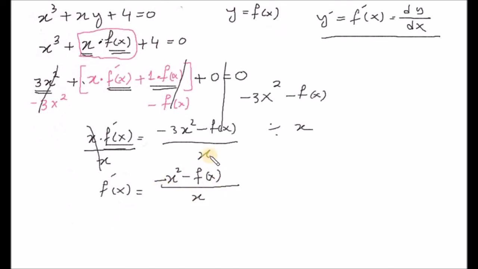Now I can revert f of x back to y, and then I can revert f prime of x to dy over dx or y prime, whatever I want. But since I don't have f of x here, I need to put this back as y. So I will rewrite it again. I will have y prime, which is equivalent to that side, is equal to negative x squared minus y divided by x, and that is the final answer.